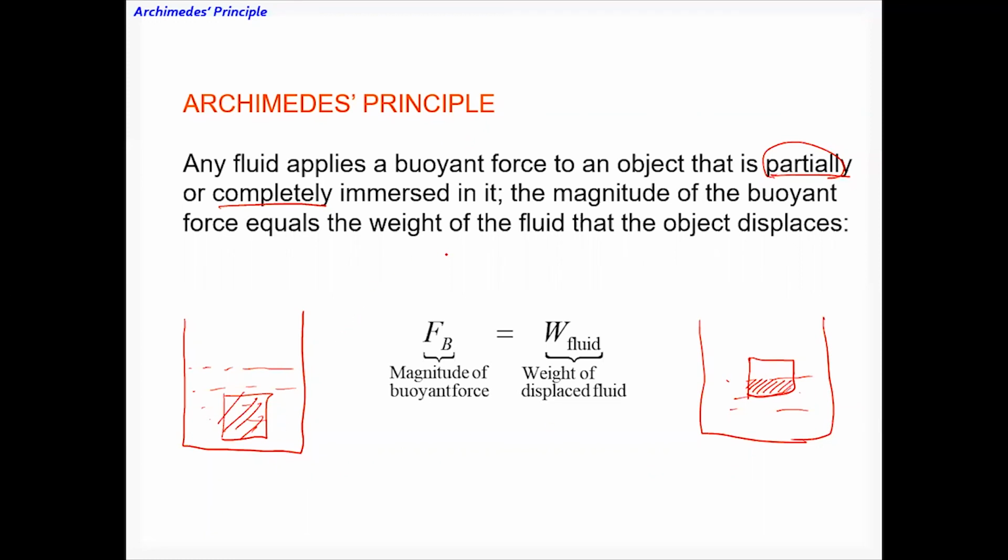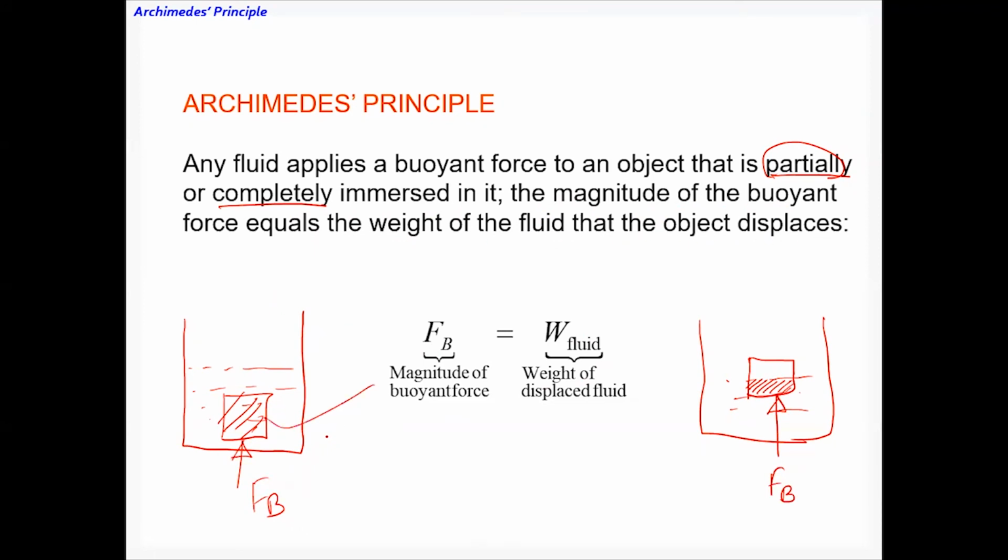Then in either of those cases, the magnitude of the buoyant force equals the weight of the fluid that the object displaces. The buoyant force is the upward force acting on the object, and it equals the weight of the fluid that the object displaces.